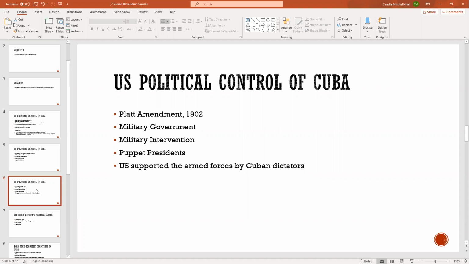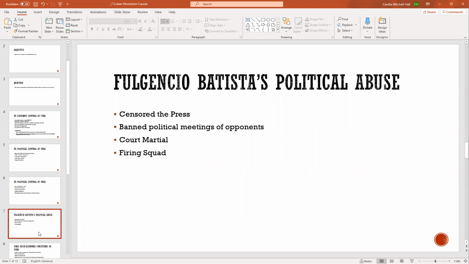That's how you explain it. Another reason was Fulgencio Batista's political abuse. Evidence of his abuse: one, he censored the press, meaning nobody could criticize him in the press. North Korea vibes, sir. Yes. Anybody who opposed him could not have political meetings. And once he knew that you opposed him, he used to send a firing squad, the military, to kill you.